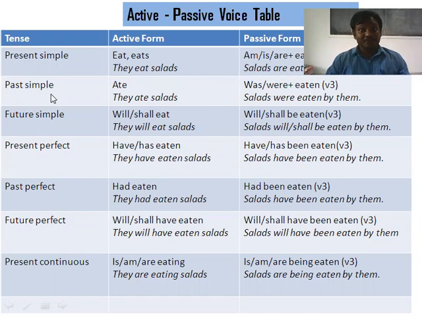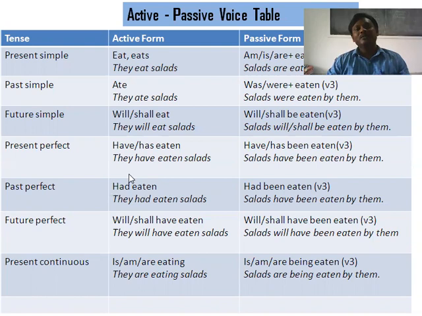In simple past tense, the be form verbs that we use are was or were, based on the number. If it is singular, we use was. If it is plural, we use were. And next is simple future tense. The basic construction of simple future tense is will or shall plus V1. Take the sentence: They will eat salads.